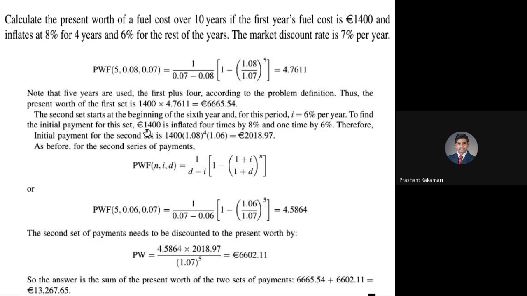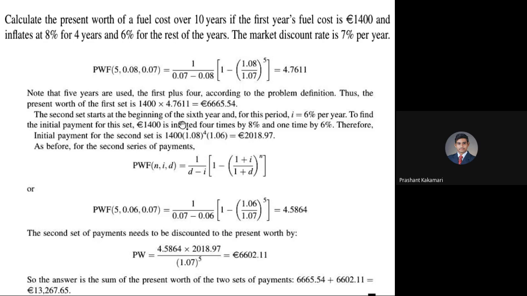1400 and 4 times of inflation, that they have taken 1.08 value for 4 years, and another year, because to start with the 6th year, this 0.06 inflation rate should be multiplied, and to take that 1 plus i and 1 plus d, they have taken 1.08 and 1.06.